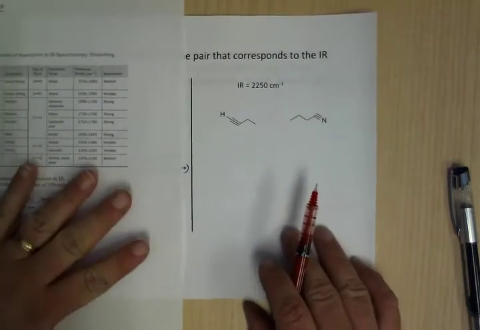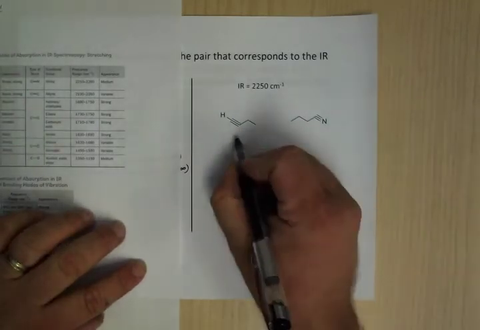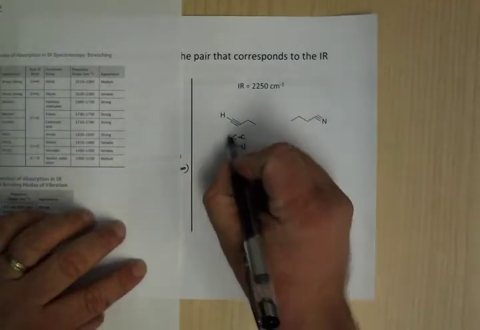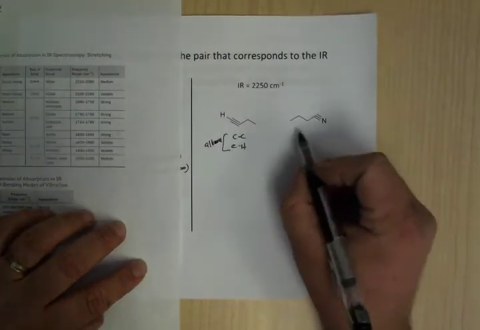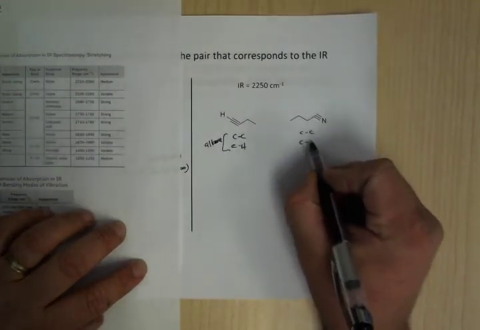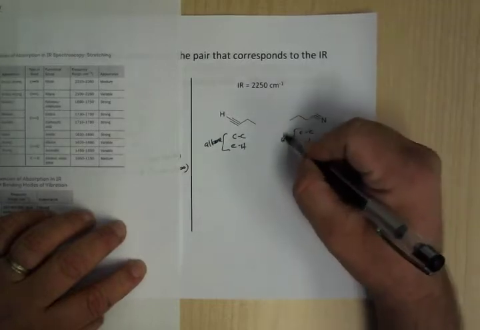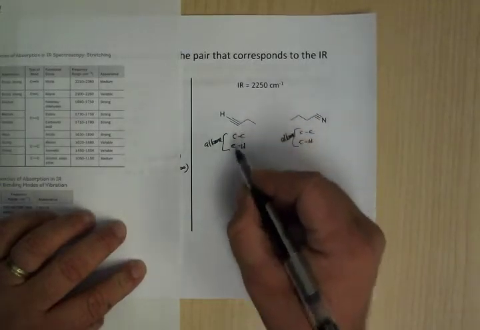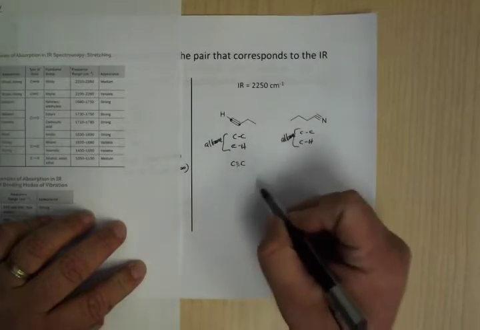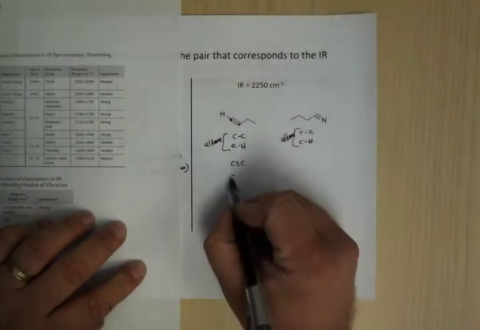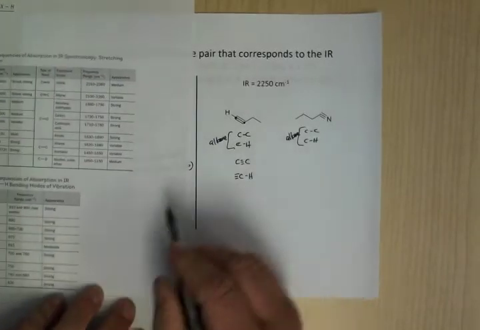Now for this one, same thing. They're both going to have carbon-carbon, carbon-hydrogen, alkane. But this one here, you're going to have this carbon-carbon triple bond, plus the CH bond coming off of that alkyne.